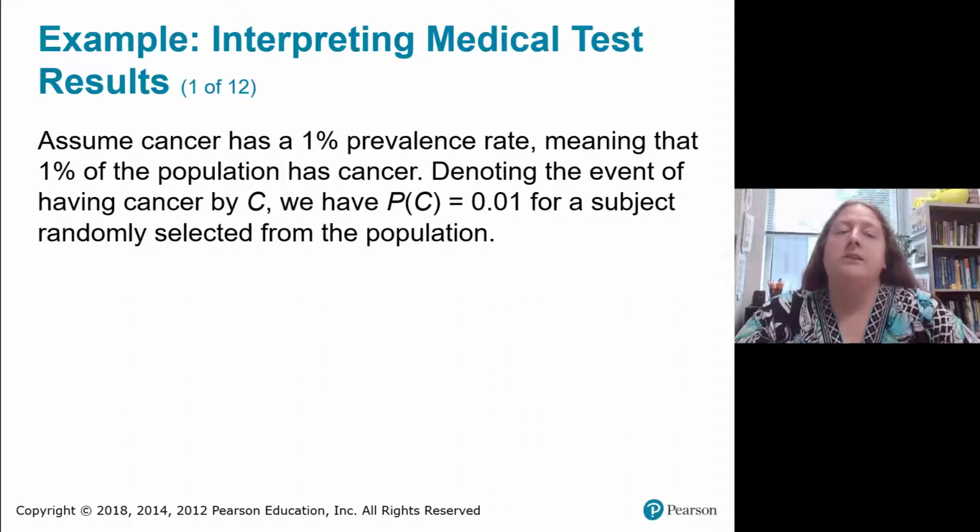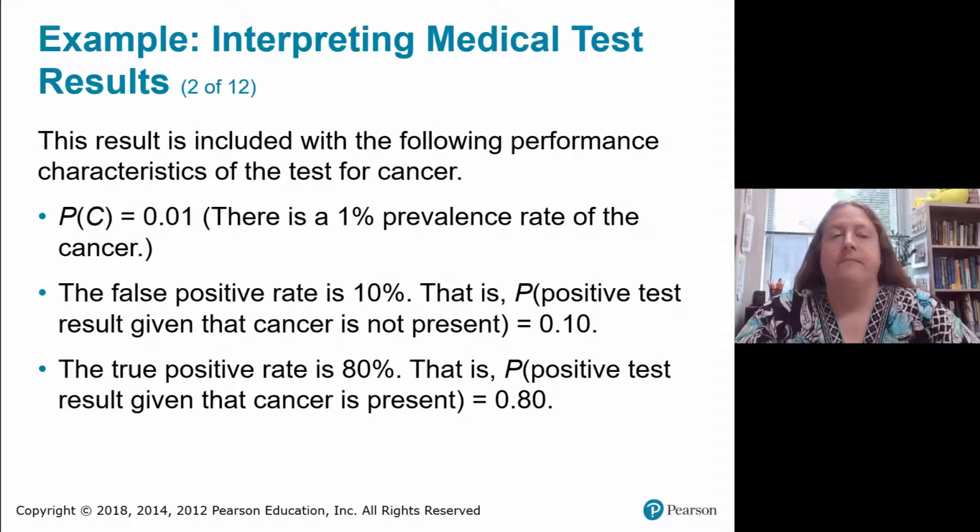So we're going to assume that cancer has a 1% prevalence rate, meaning that 1% of the population has cancer. Denoting the event of having cancer as capital C, we have the probability of cancer is 0.01 for a subject randomly selected from the population. Fair enough, right? So this result's included with the following performance characteristics of a test for cancer.